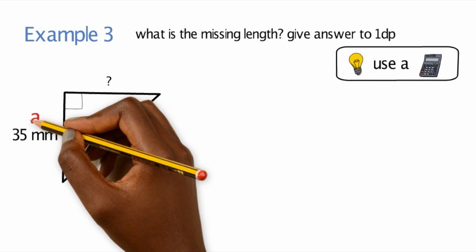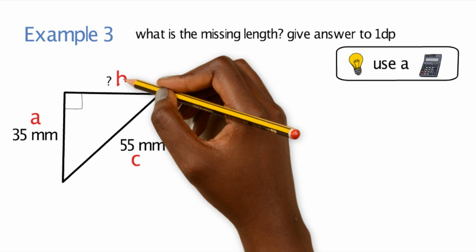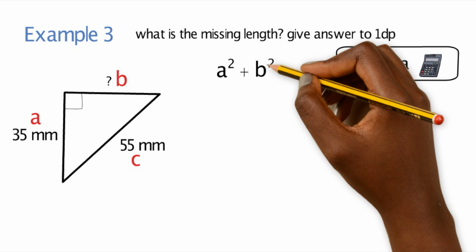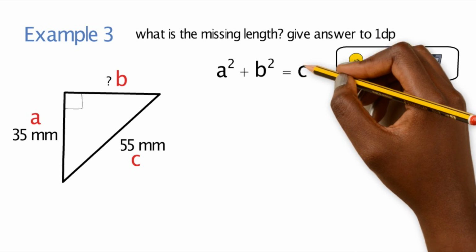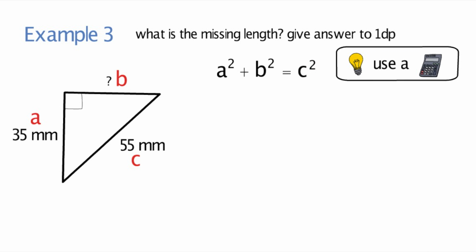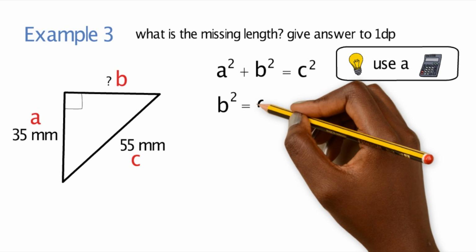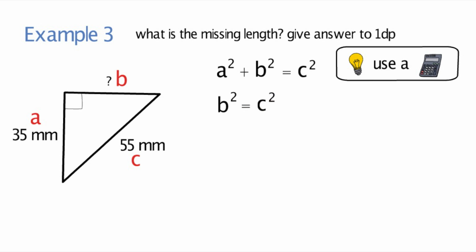So we label first. Label the triangle with A, B, and C. Write out the equation, because in this case, we're working out what B is. We are going to rearrange the equation to make it B squared is equal to. So always rearrange your equation to whatever you're working out.